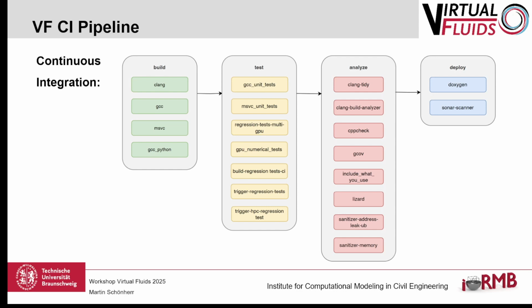It's human behavior. I would ignore it too, but the pipeline will not ignore it. You have to take care of your warnings if you want the pipeline to pass. And in the end, we always generate a documentation with Doxygen.